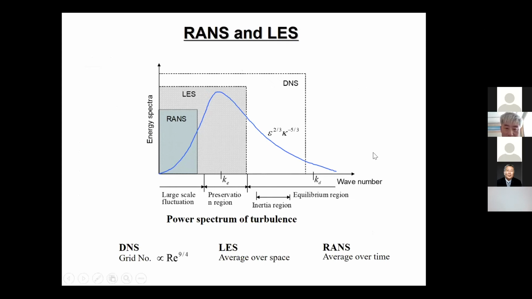But for RANS, it looks at the largest structure component only. So LES is just between RANS and DNS. It's not as expensive as DNS, but LES will provide a much better result than the RANS result if you look at frequency domain phenomena.